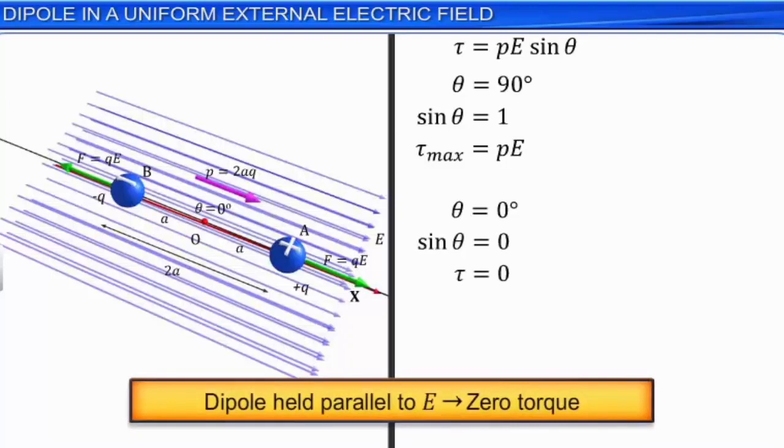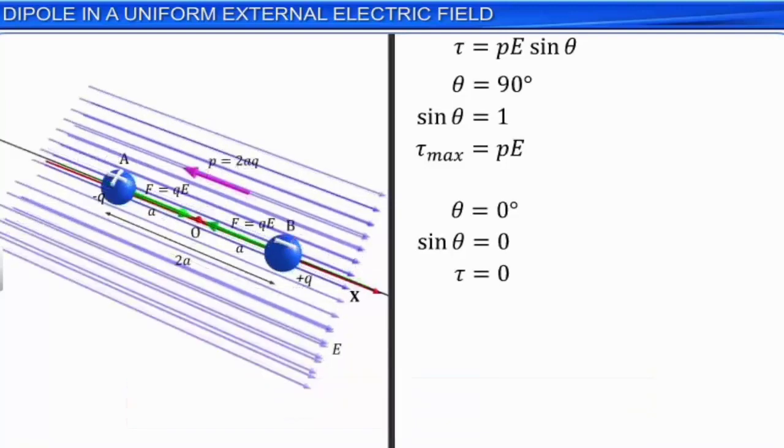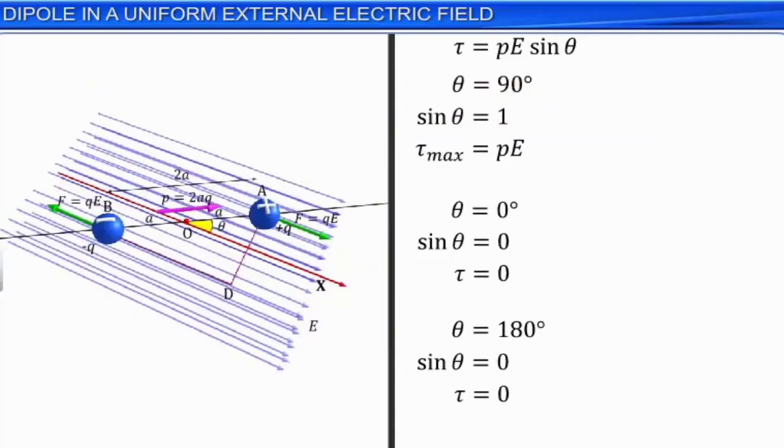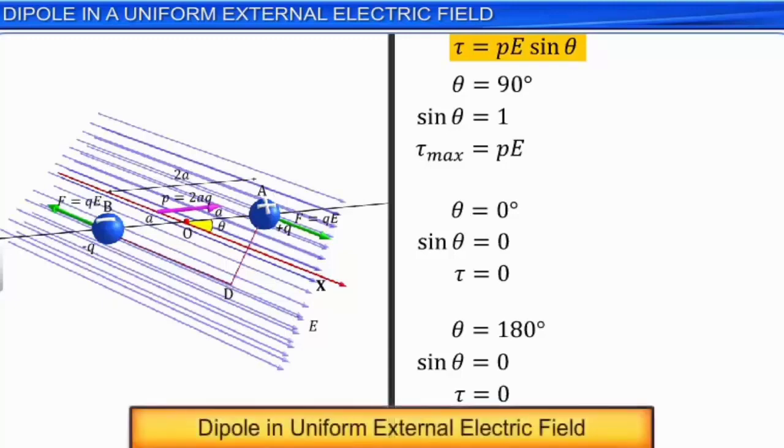When the dipole is placed such that its axis AB is antiparallel to the external electric field, then the angle theta is equal to 180 degrees and sin theta is 0, and hence in this position also the torque on the dipole is equal to 0. From this discussion, we see that the expression tau is equal to pE sin theta will be valid only when the dipole is in a uniform external electric field.